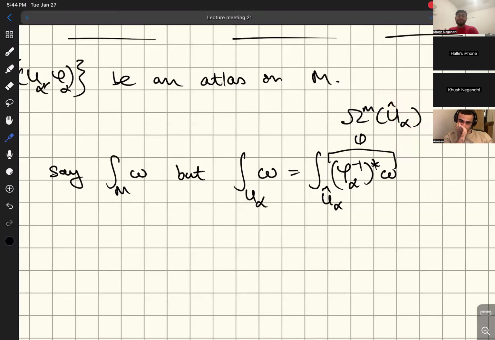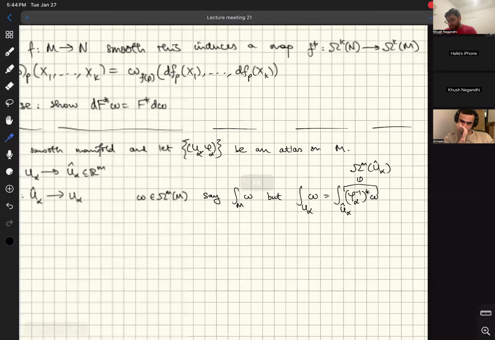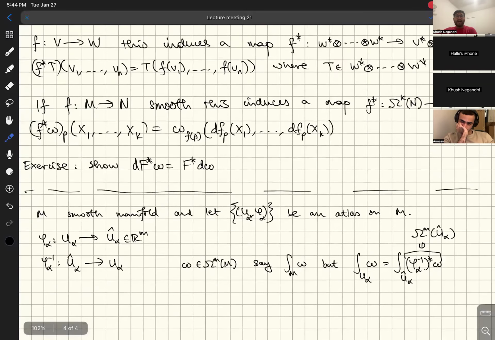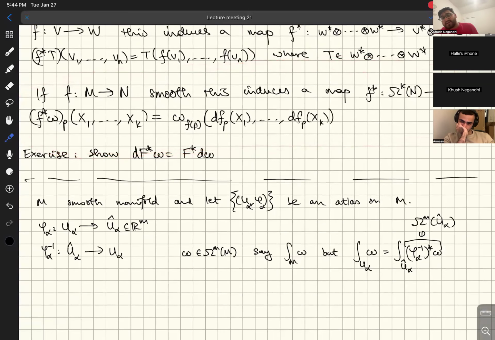I know how to integrate functions on Rn, right? So I've now used this mechanism of pulling back things. I know I want to make sense of this expression over M, but it doesn't really mean anything, because what does it mean to integrate something if I don't even know what the notion of measurable functions is?